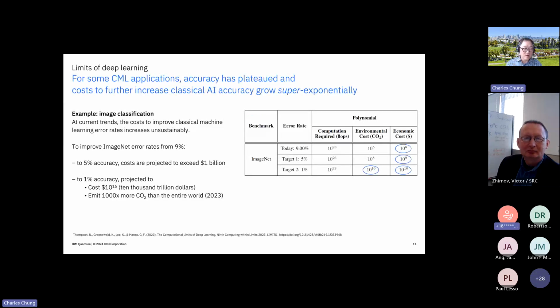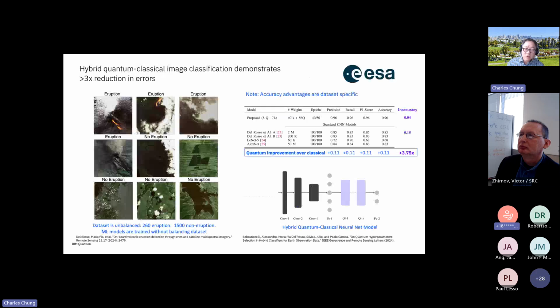This is the paper where they find that it takes $10,000 trillion to get to 1% error. And to answer your question about simulability, this paper was done on simulation. There are a number of ways to simulate quantum computers. The problem is that the computational complexity of that simulation grows exponentially.